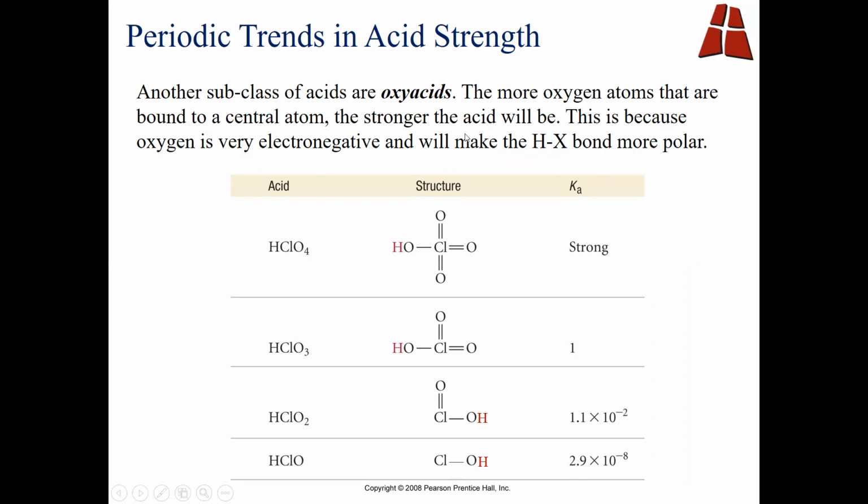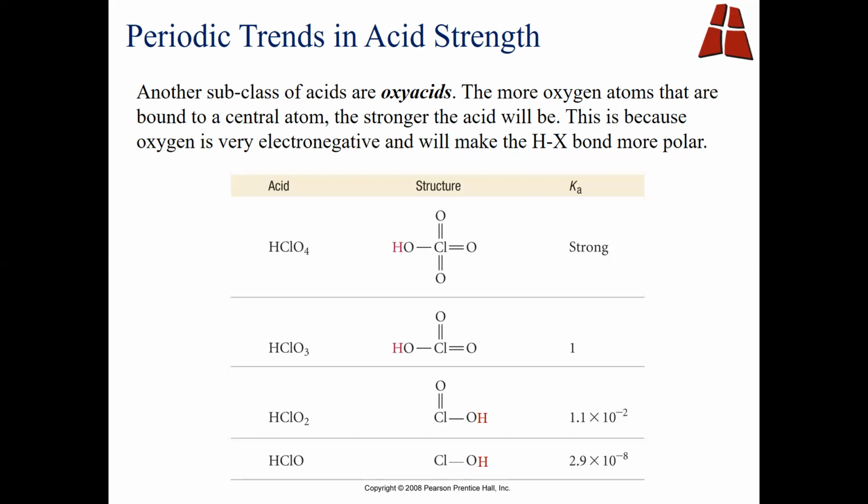And so we end up getting things like this, where we have some sort of oxygen-based acid with a central atom, and those are our hydrogens. Other examples of this might be something like phosphoric acid with phosphate, sulfuric acid, H2SO4, nitric acid, HNO3. Those are all oxyacids, right?